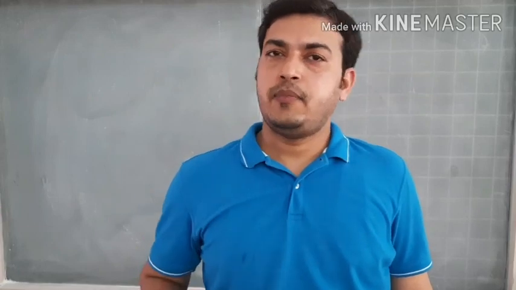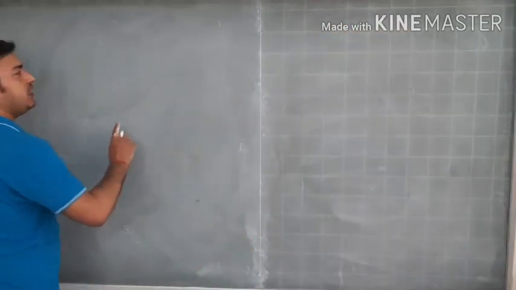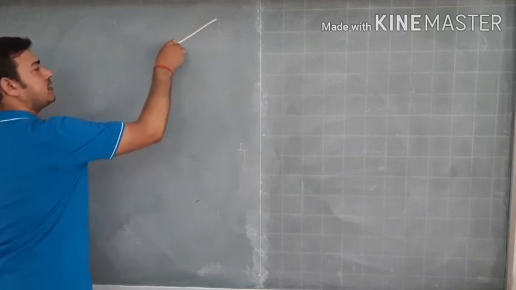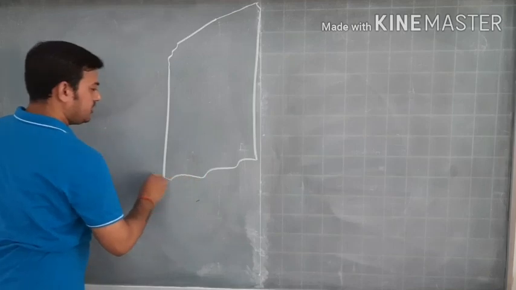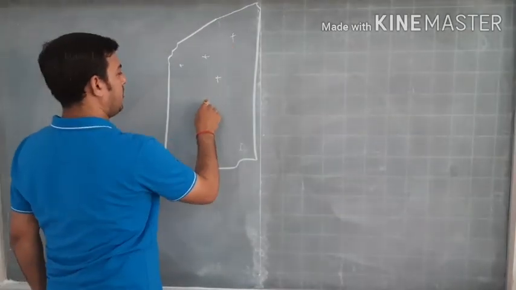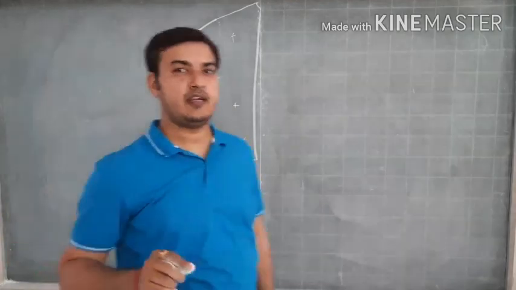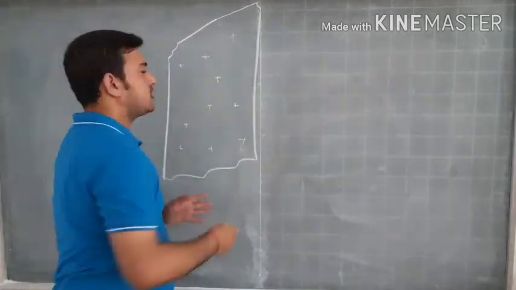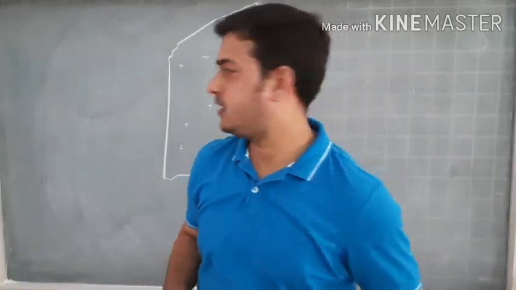Now we will discuss another application of Gauss' theorem, and that is the electric field due to a charge sheet. For example, suppose I have a sheet of infinite dimension, and this is a charge sheet, and we need to find the electric field due to this charge sheet at a point that is just outside the surface of the sheet.